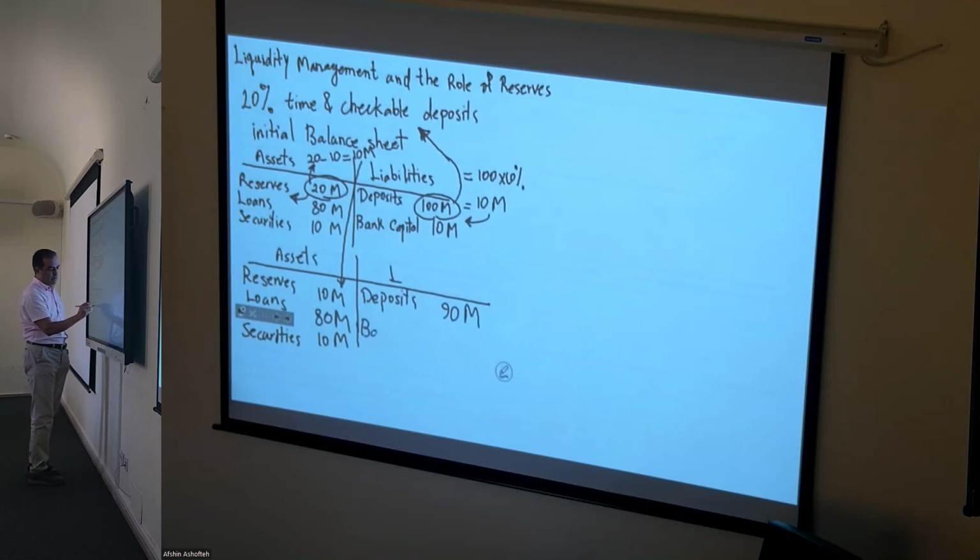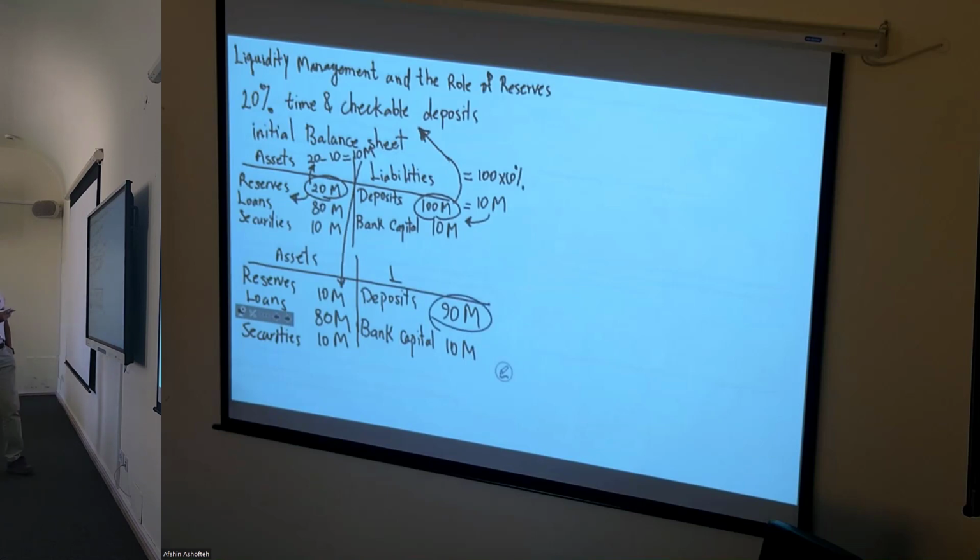And the bank capital is untouched, so 10 million here. So the bank loses 10 million of deposit and 10 million of reserves, and its required reserves are now 10% of only 90 million that we have here.